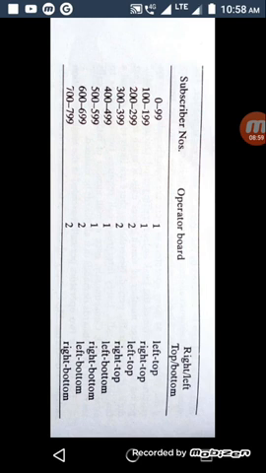For example, 100 to 199, in this situation the tracks rotate right to top. 200 to 299, left to top. 300 to 399, right to top. 400 to 499, left to bottom. 500 to 599, right to bottom. 600 to 699, left to bottom. 700 to 799, right to bottom.